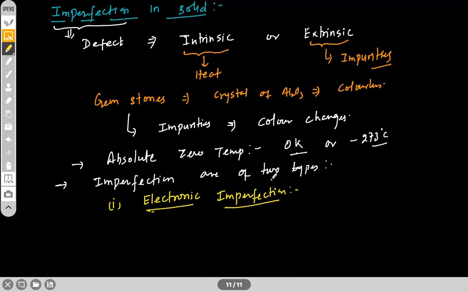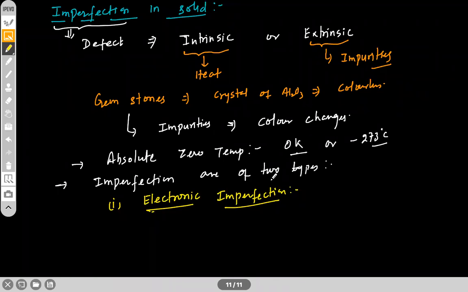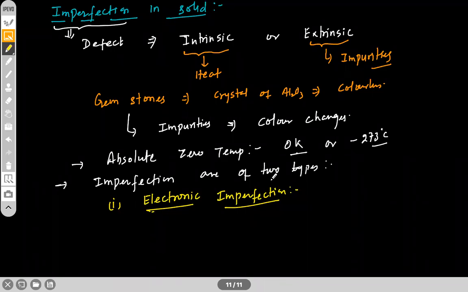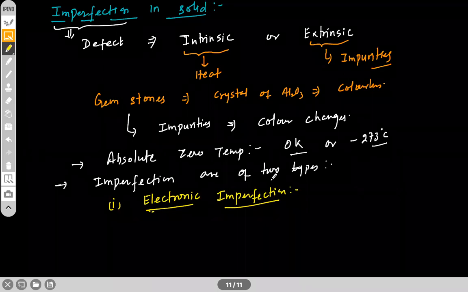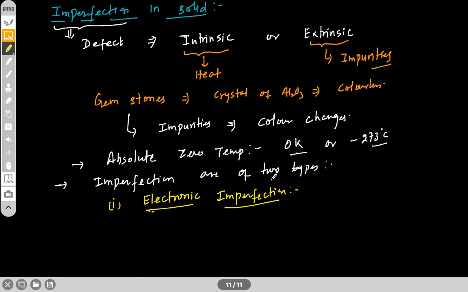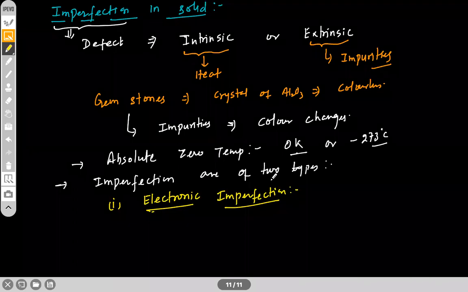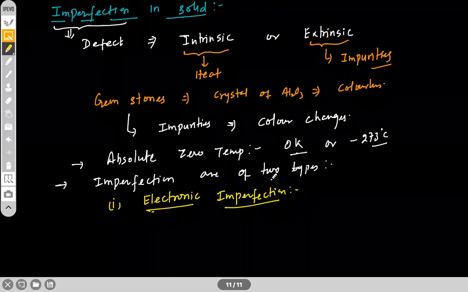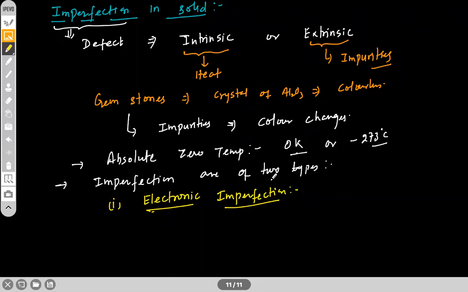First, electronic imperfection. Point-wise, just write down. The first point is, this is due to the irregular arrangement of electrons.